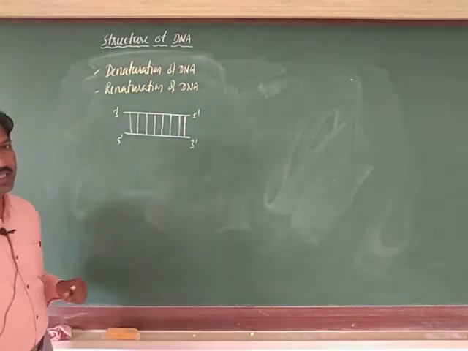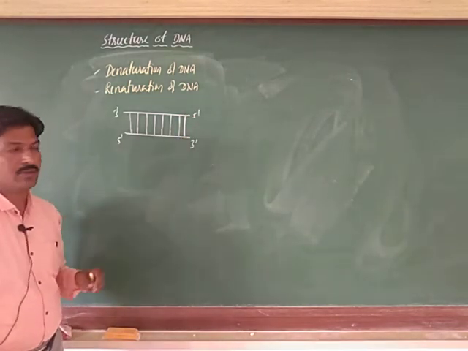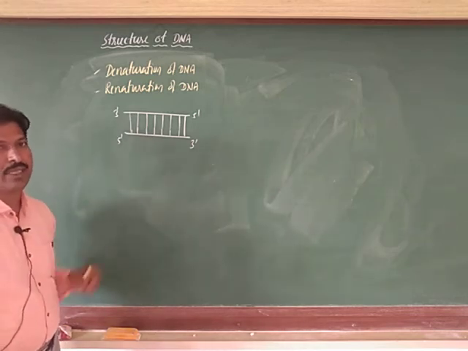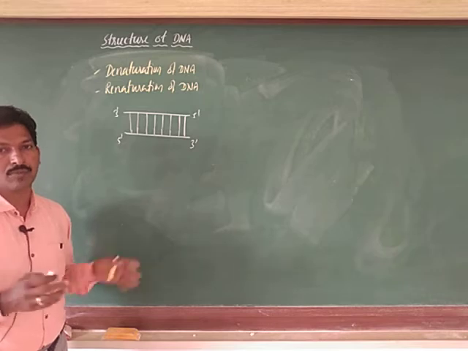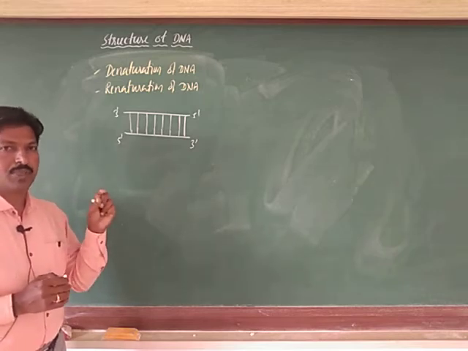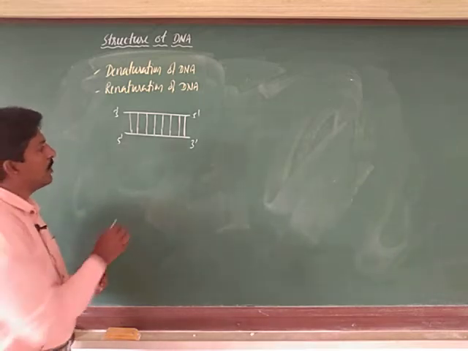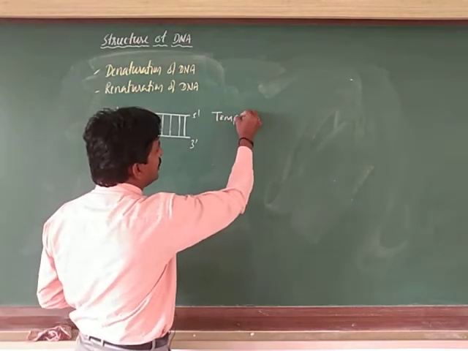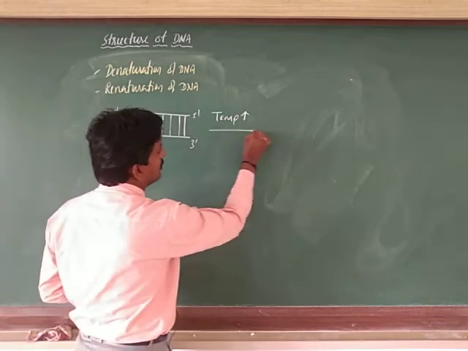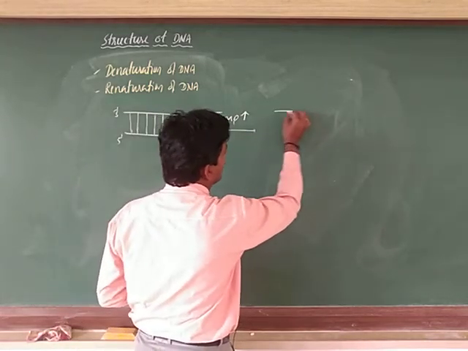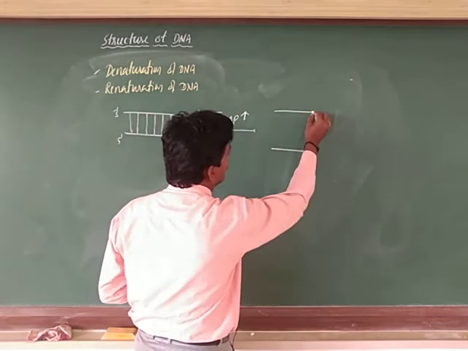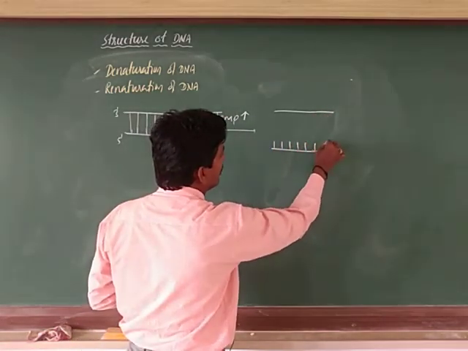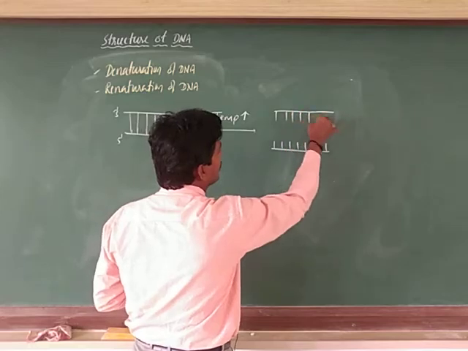So when we heat this, when we increase the temperature in a proper manner, not heating more, a particular temperature is required for this. When we increase the temperature, what happens? These two strands get split. The length will be the same. So the two strands get separated.